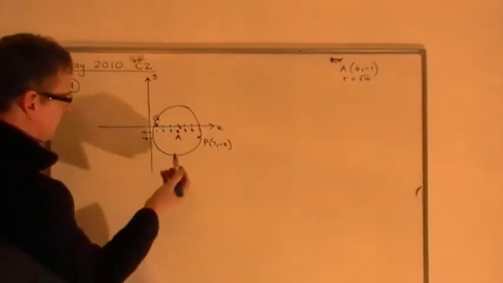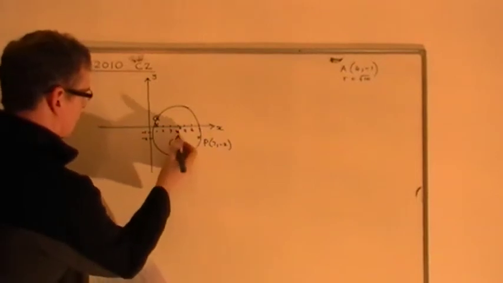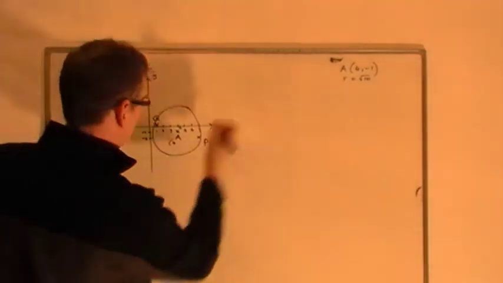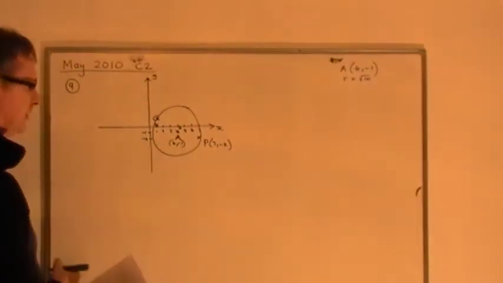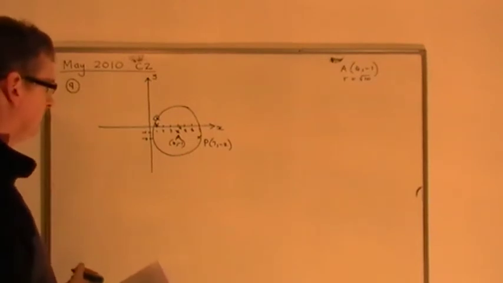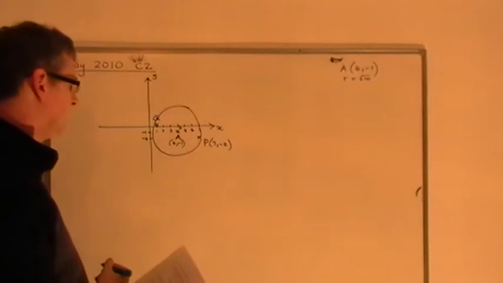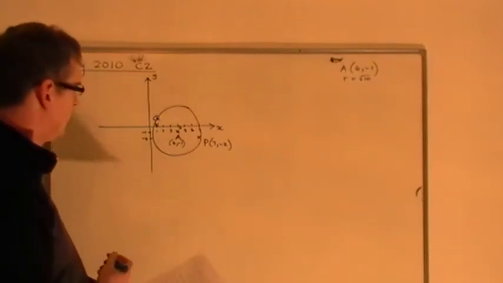Okay, so we know point P (7, -2), A's got the coordinates (4, -1). We need to figure out what the coordinates of Q are. Well, there are a variety of ways you could work out what the coordinates of Q are.